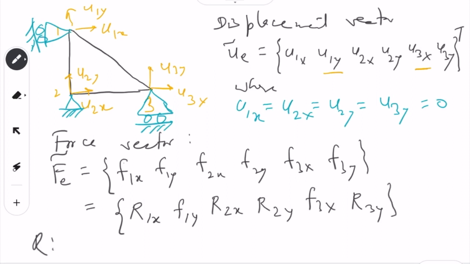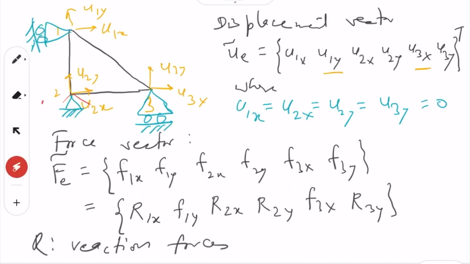R for reactions, reaction forces. Here there will be two reaction forces, one in x direction, one in y direction. Here reaction force will be in x direction only, here reaction will be in y direction only. So, we have to find out the value of these two.